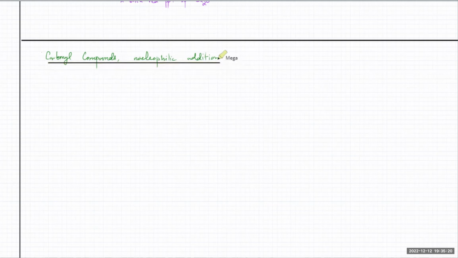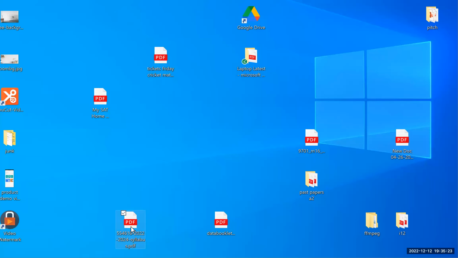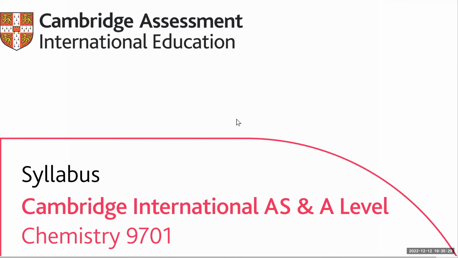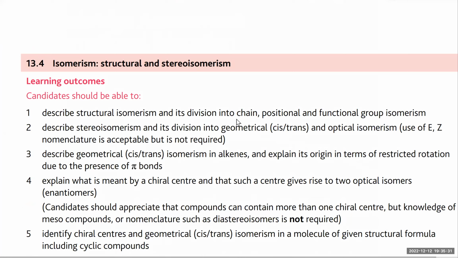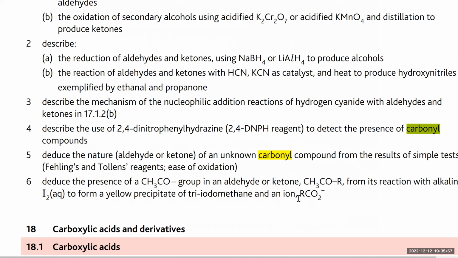For this, let me just double check whether this mechanism is now in A2 or AS. Let's see here. 2,4-DNPH, we did that.